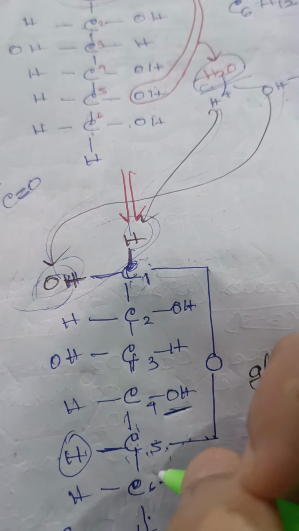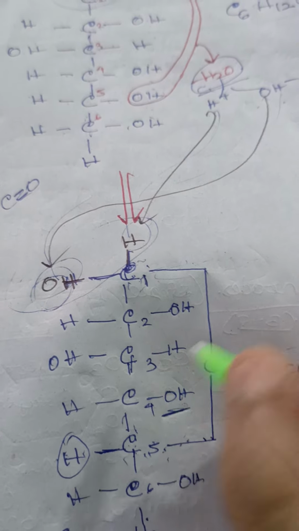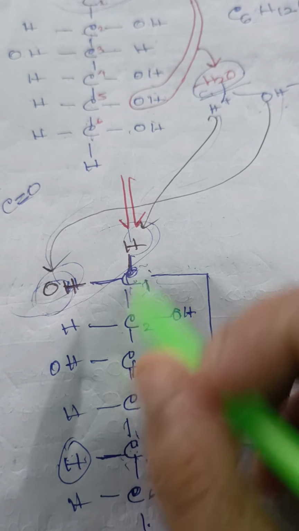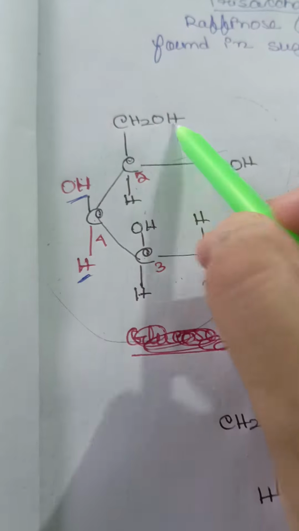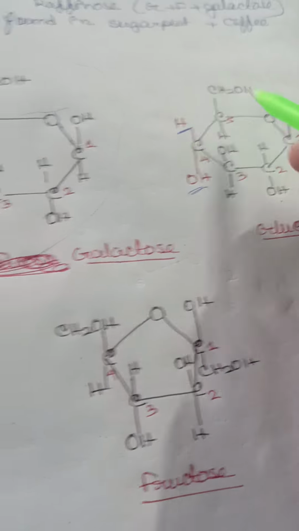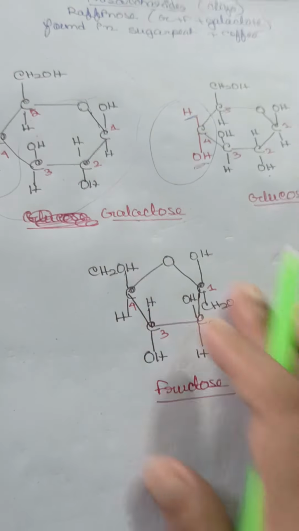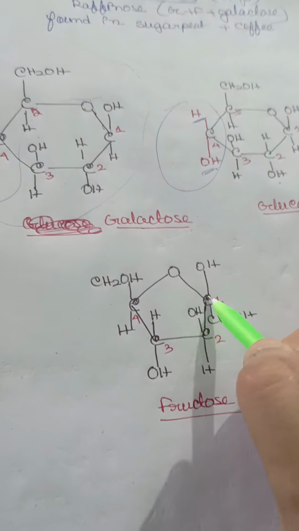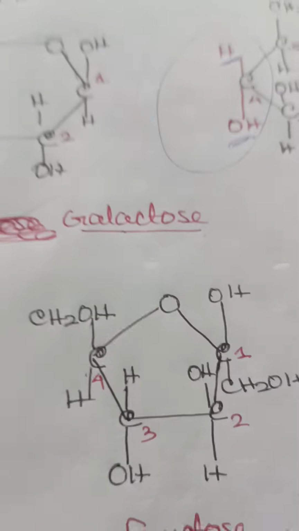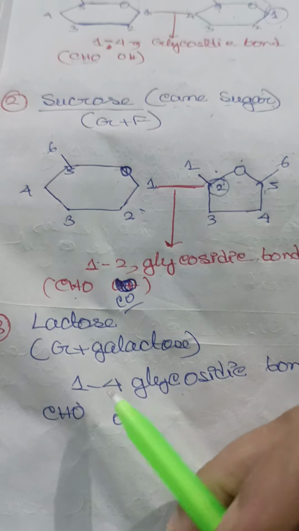So that's why I have written CH2OH in carbon number 5. Here also the same. So the only difference between galactose and glucose is this. And fructose I have also drawn, and between 1 and 4 the bond will be formed. Okay, the structure.